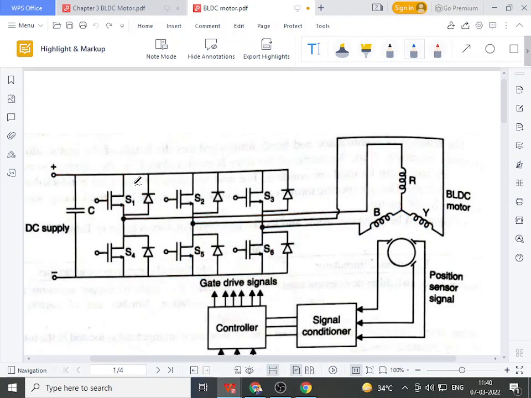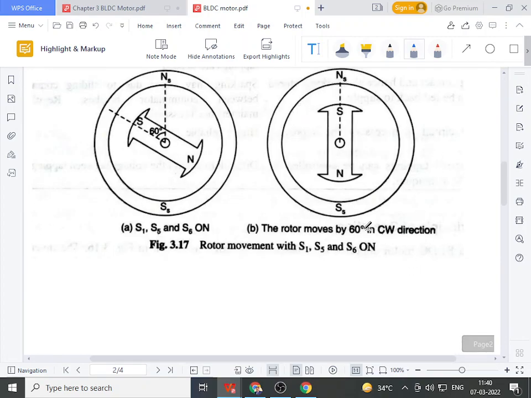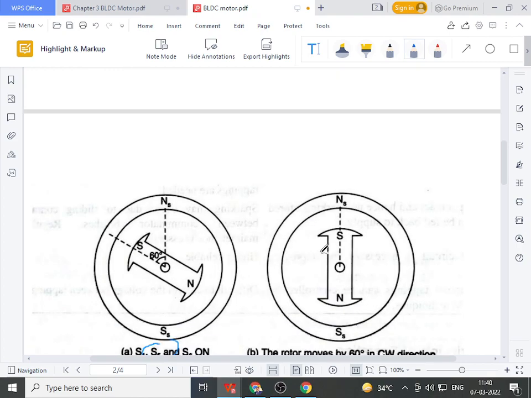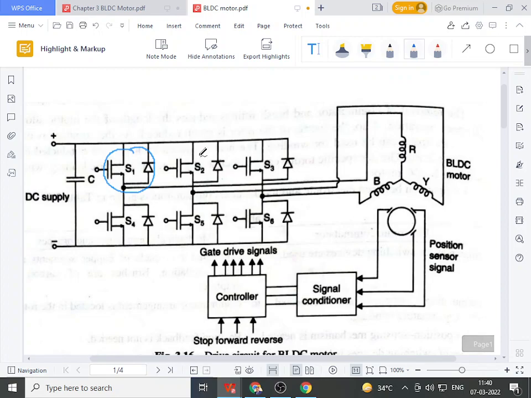Now S1 is under on condition. When rotor achieves this position, we switch off this S5 and we turn on S2. So S2 will turn on and S5 will switch off. So S6 and S1, these two switches are under on condition.